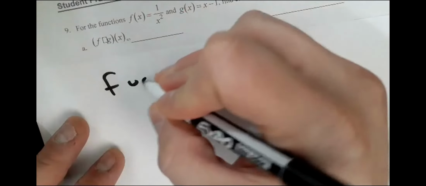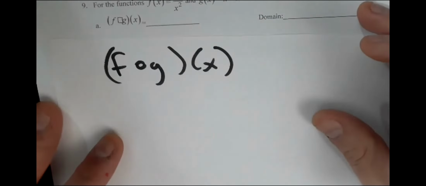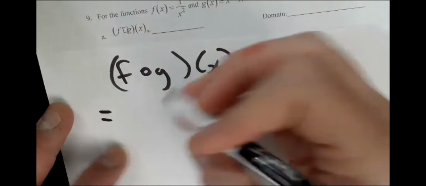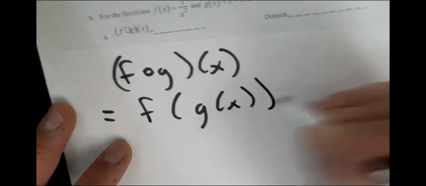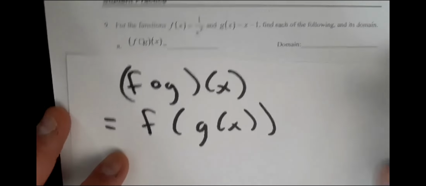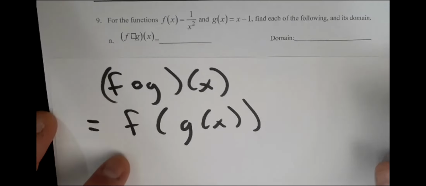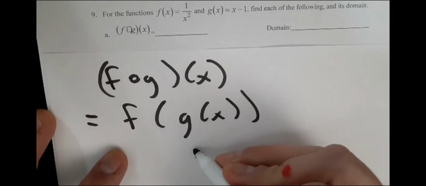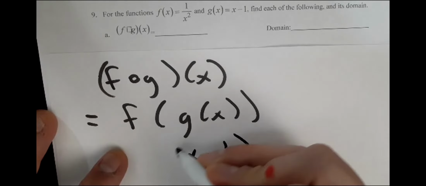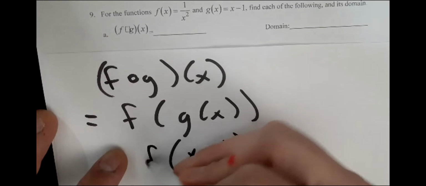f of g of x. f of g of x is what it should say. If we write this out, we write out our definition, f of g of x. We look on the inside and we start working this thing inside out. So the first thing on the inside I see is g of x. I can rewrite that as x minus 1.